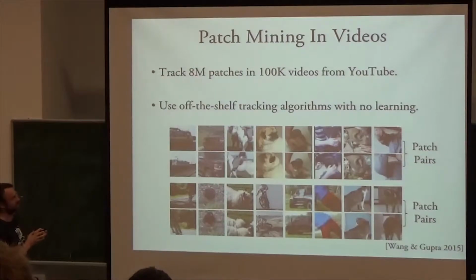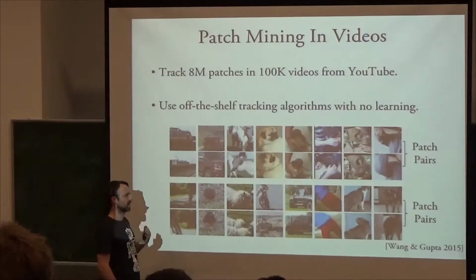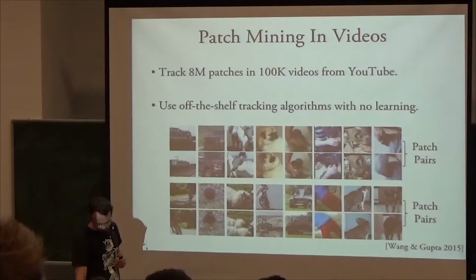So what they did is they took a bunch of patches from YouTube videos with off-the-shelf trackers. These are the pairs of patches that they end up with. They actually look pretty different, and it ends up learning a pretty good representation.